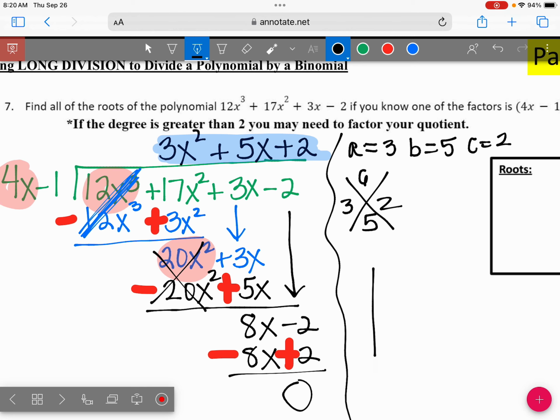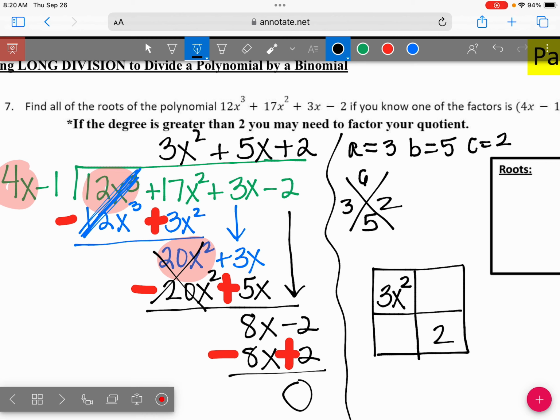All right, let's make our box. We know that the 3x squared has to go here, and C goes here. And then our numbers that we found, they go in the other two.